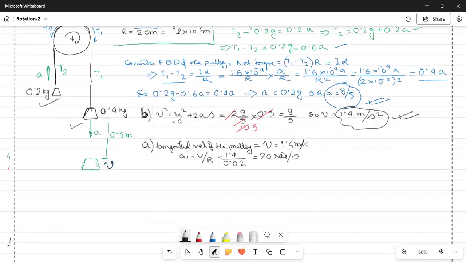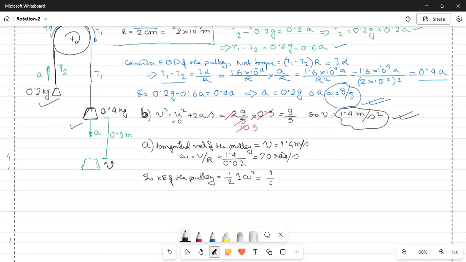So we have the omega value of the pulley. Once we have that, what is the kinetic energy of the pulley? The kinetic energy of the pulley is the rotational kinetic energy, equal to half I omega square.